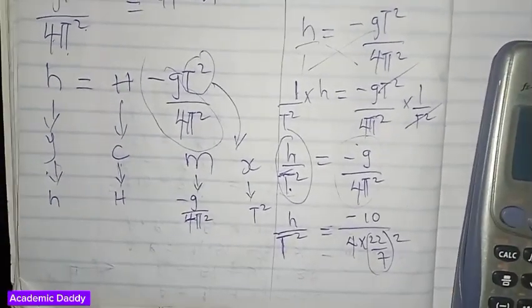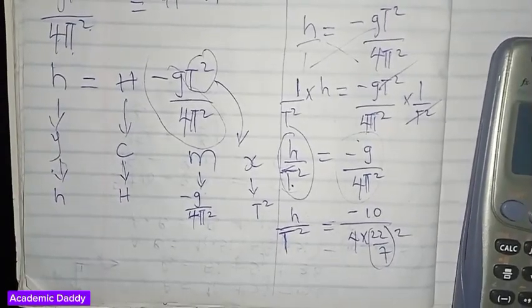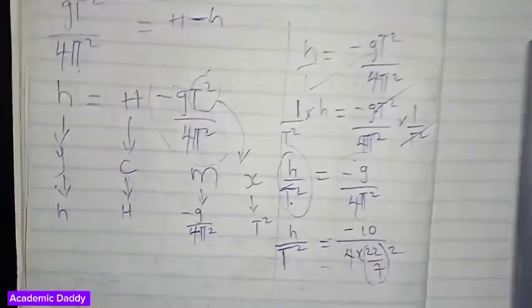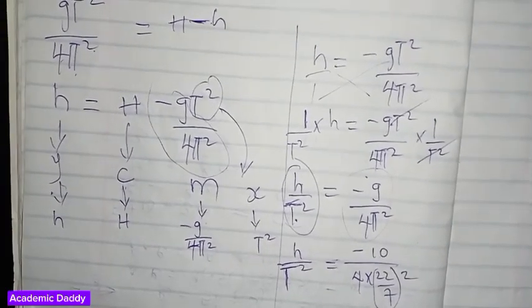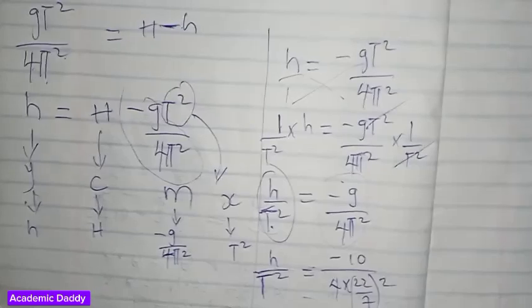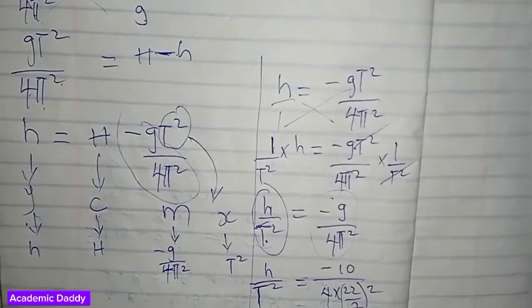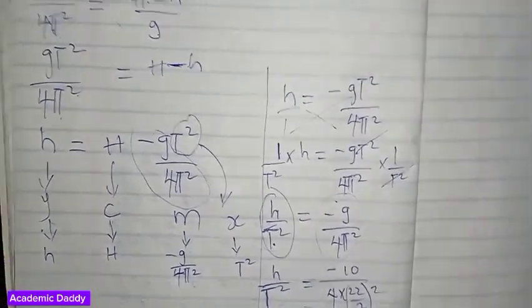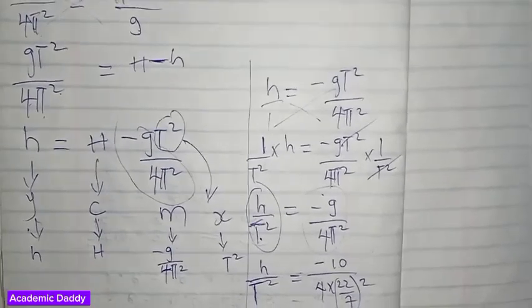So by the time you do this, I'll have 10. Okay, first of all, let's do it this way. 22 divided by 7 is 3.143. So 3.143 times 3.143.